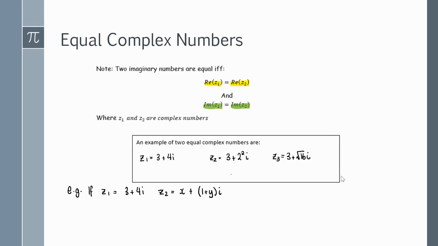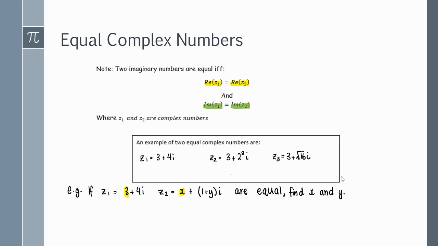The question might ask you to figure out what your unknowns are, so what x and y are if z1 and z2 are equal. All you have to do is equate the real parts of each complex number and equate the imaginary parts of each complex number.